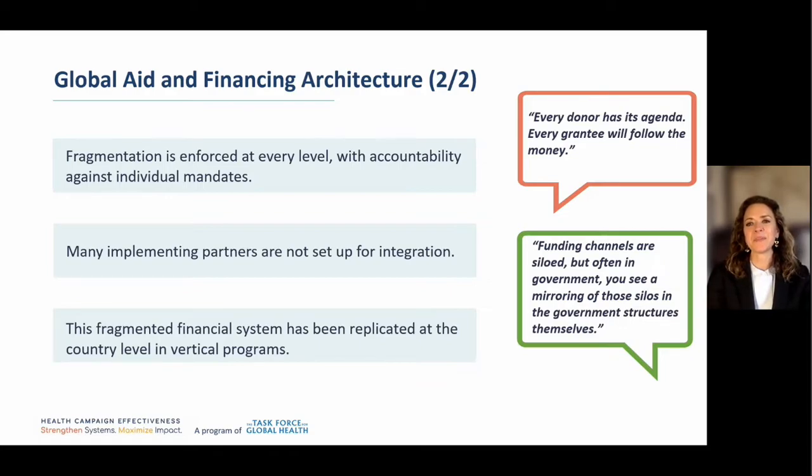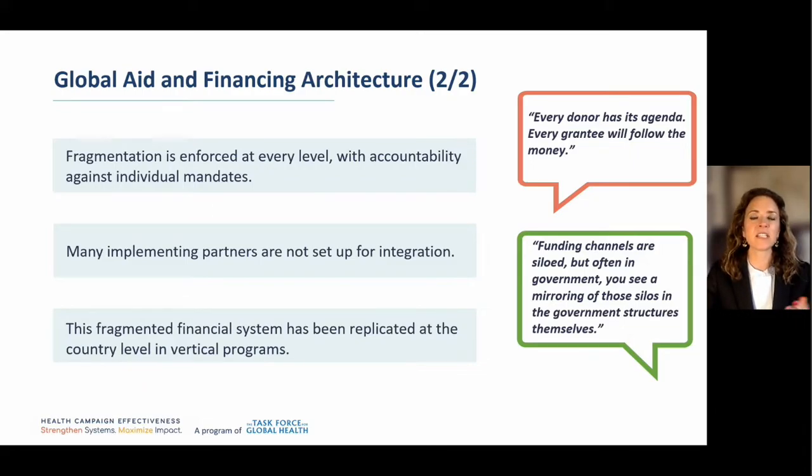Continuing with this theme, fragmentation is enforced at every level, with each subsequent level accountable for reporting to funders against individual mandates. And the existing funding structures and entities have resulted in many implementing partners that are not set up for integration.